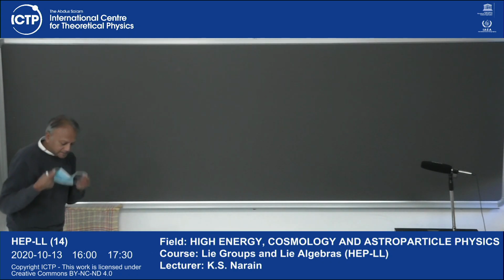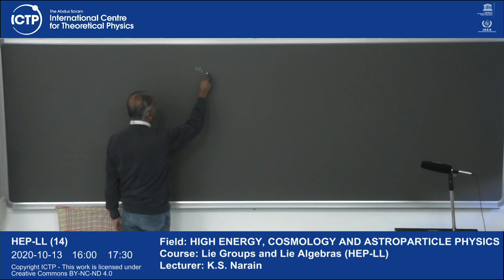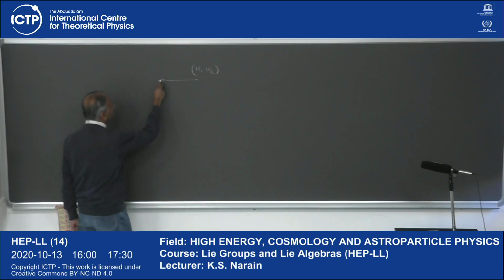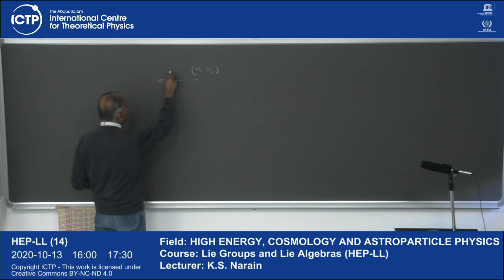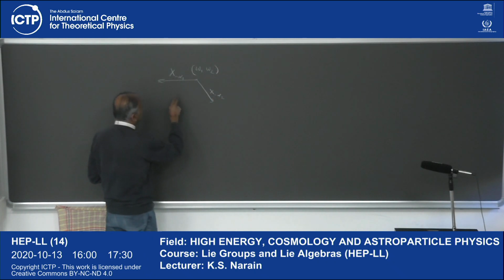What I was saying was that, in general, if I start from some highest weight, W1, W2, both non-zero, and I look at what I was calling x minus alpha 1, and here x minus alpha 2, you will get some points here.